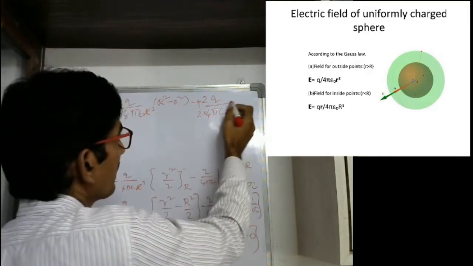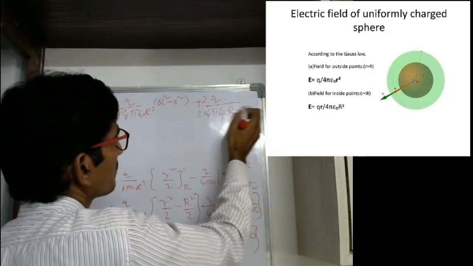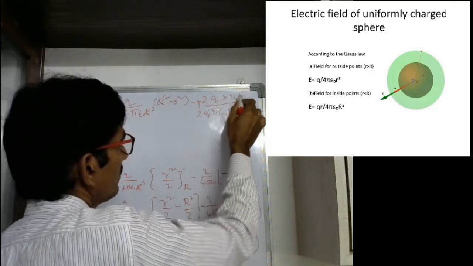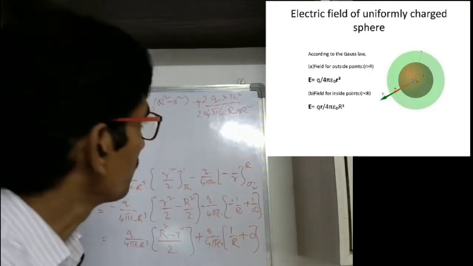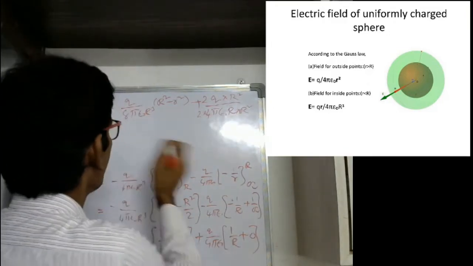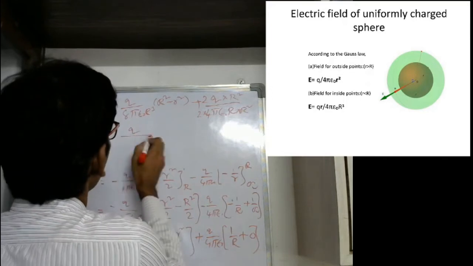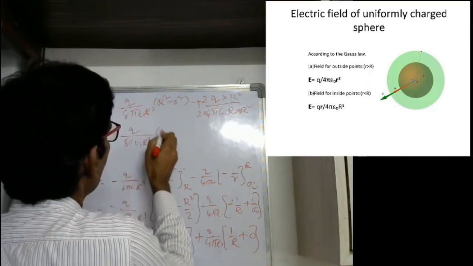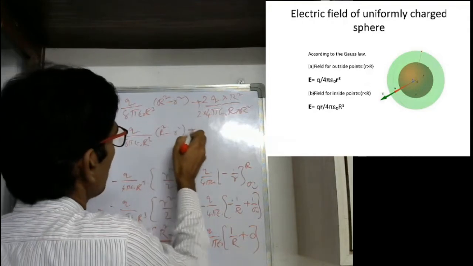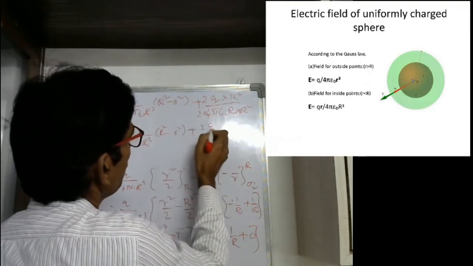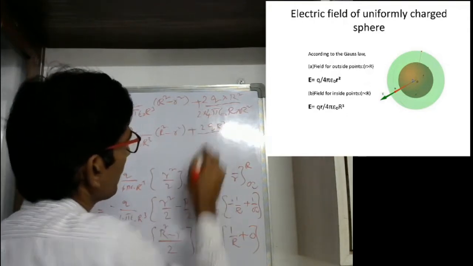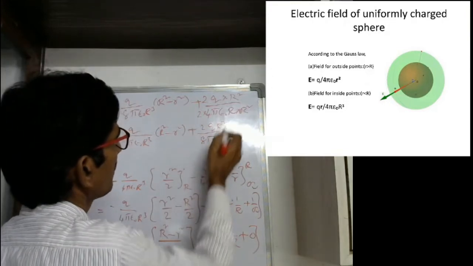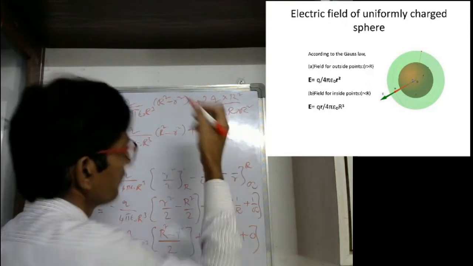So you multiply with r square, both numerator and denominator. Next you have q by 8 pi epsilon naught r cube, R square minus r square, plus 2q r square by 8 pi epsilon naught r cube.